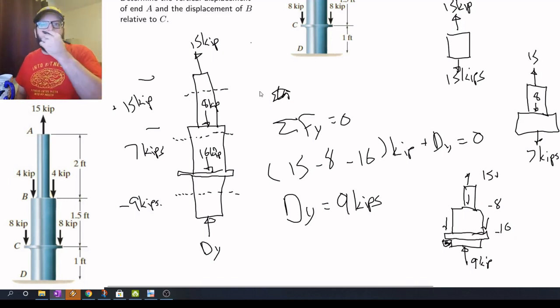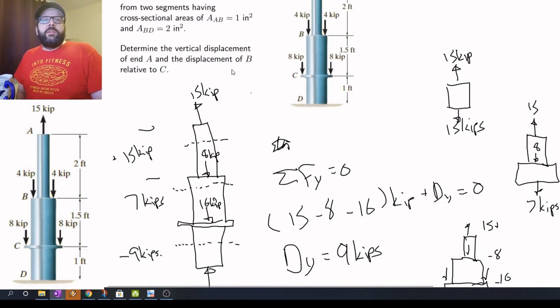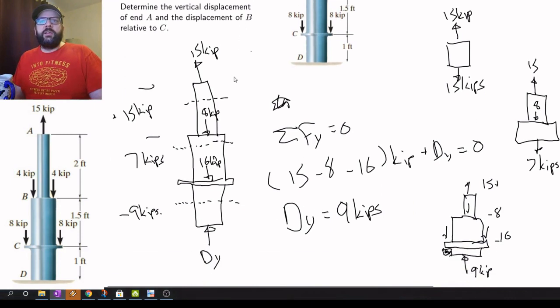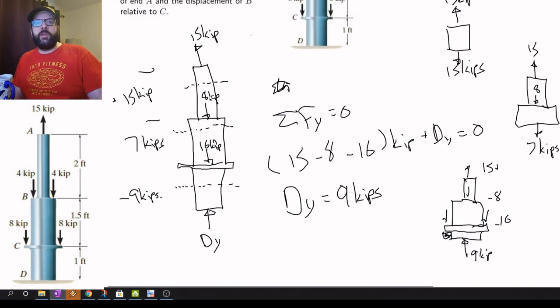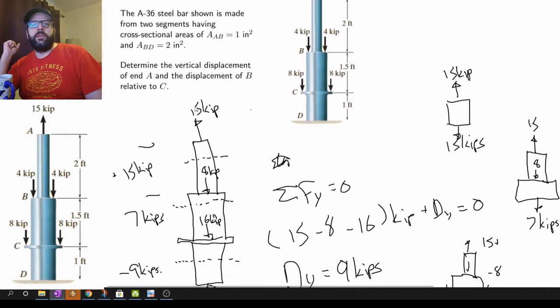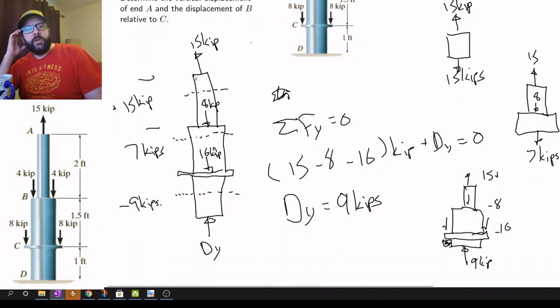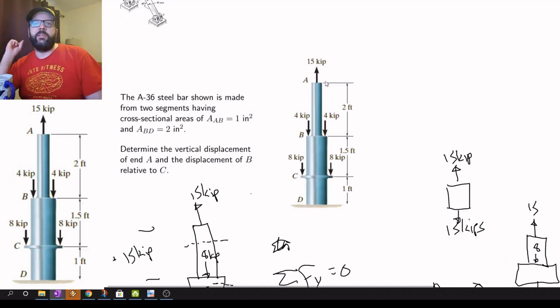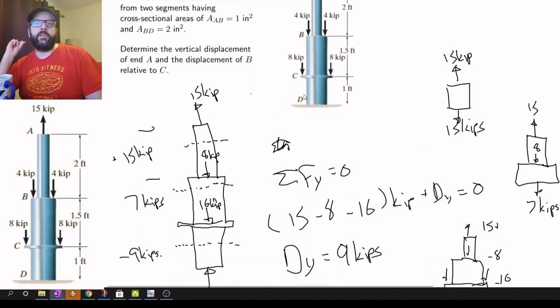So essentially we can break this up into three different sections because we got three distinct areas. We got the one combination of the 15 kip tensile and the smaller cross section.